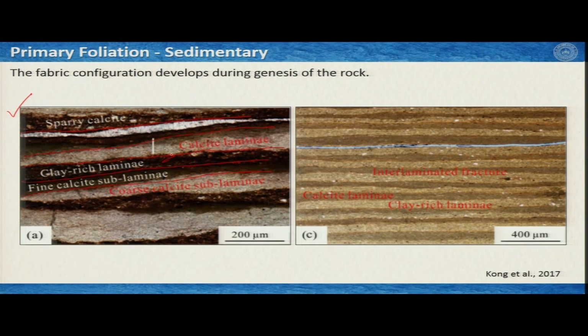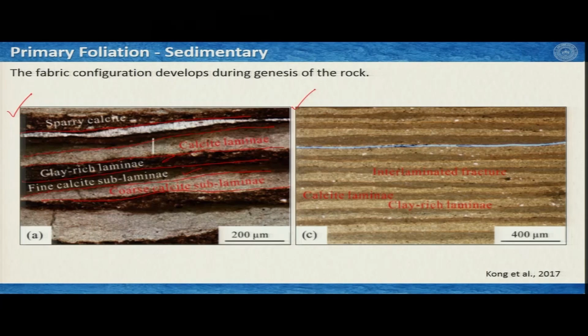The top layer is clay rich lamina and the second is fine calcitic sublamina, and this layer is coarse calcite sublamina. So, the grain size is also varying, and at the same time the compositions also vary in defining the primary foliation in this sedimentary rock.